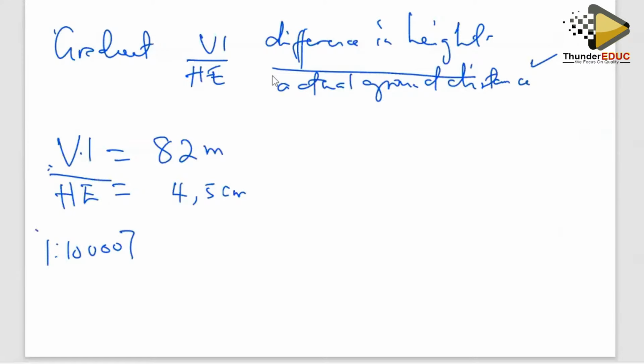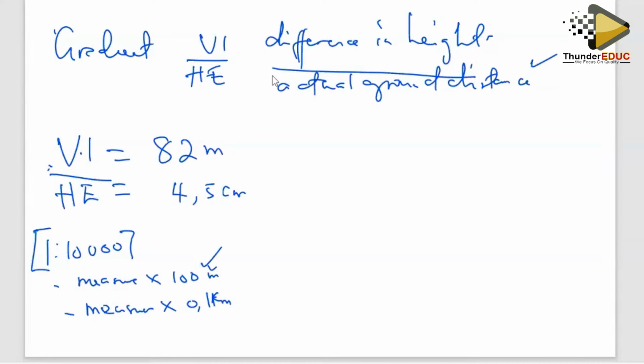If you want to convert this to meters, just multiply your measurement by 100 meters, and you get the actual ground distance from the map. If you want to convert it to kilometers, you multiply your measured distance by 0.1 kilometers.